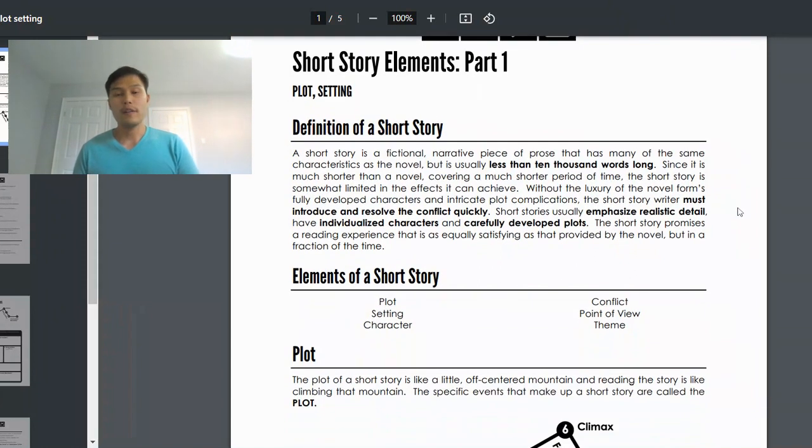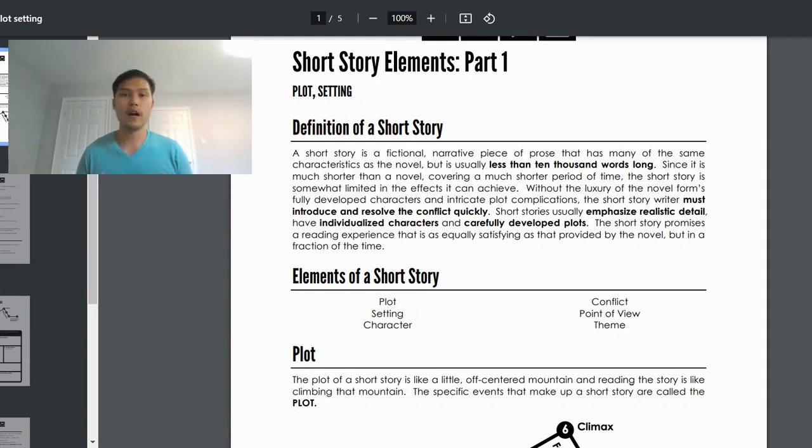If you follow my screen, we'll do a little bit of a reading here. Definition of a short story. A short story is a fictional narrative piece of prose that has many of the same characteristics as a novel, but it is usually less than 10,000 words long. Since it is much shorter than a novel, covering a much shorter period of time, a short story is somewhat limited in the effects it can achieve.